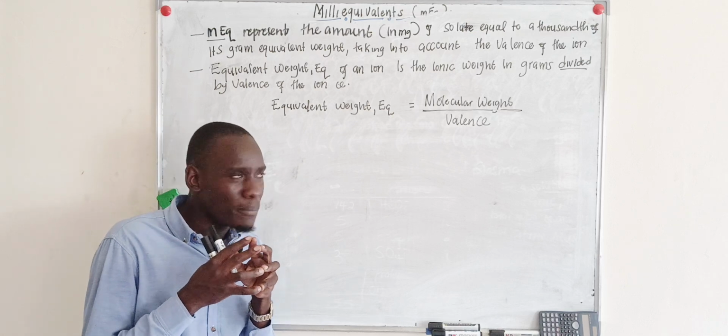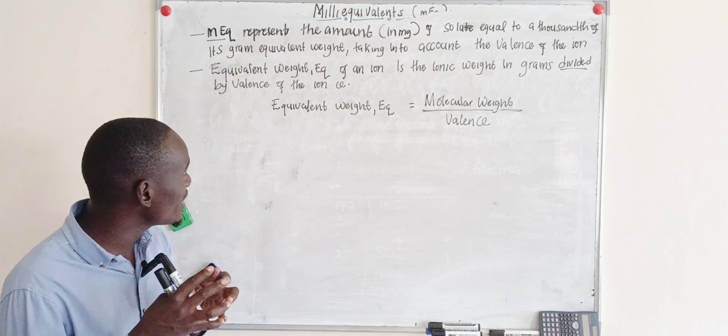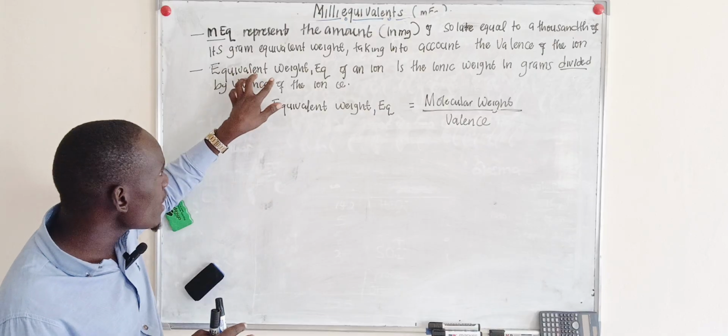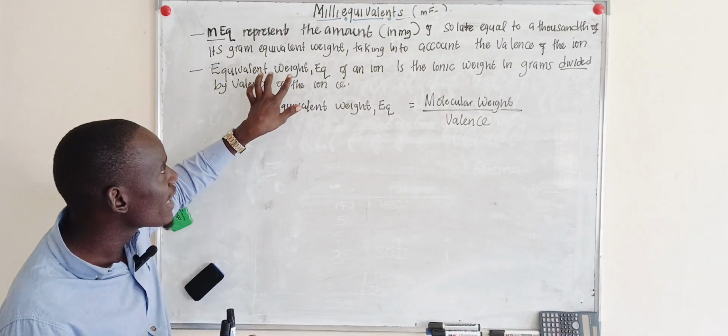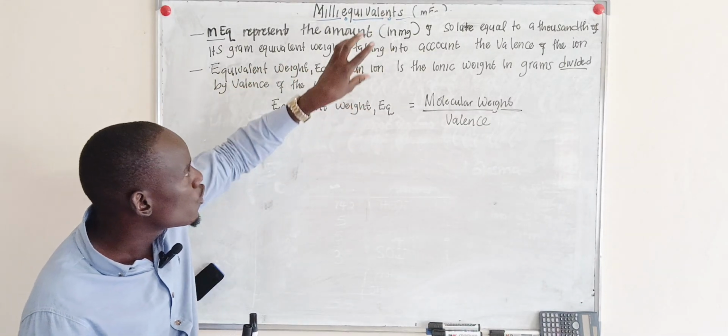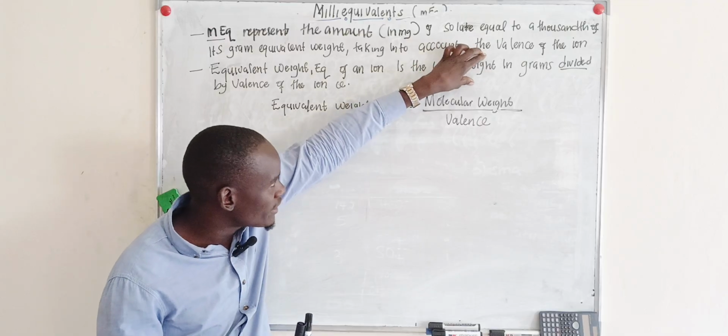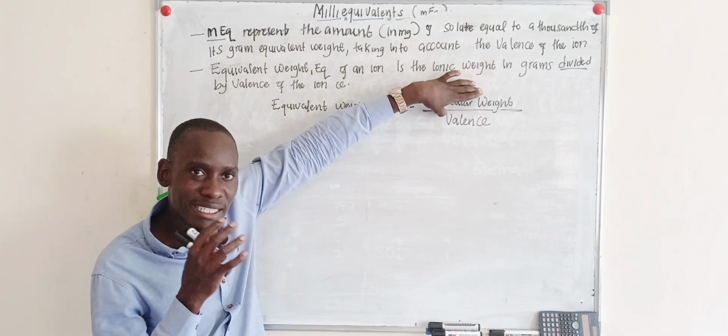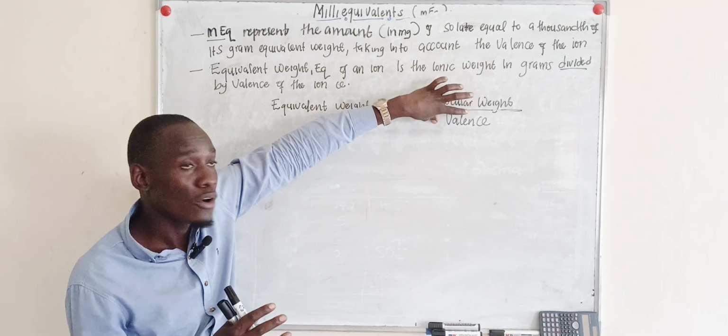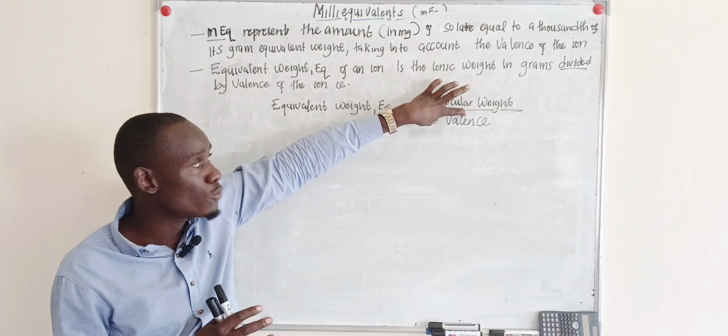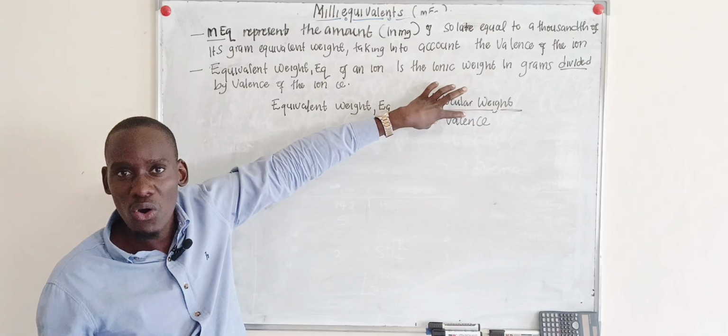But we need to know, what is equivalent weight? Equivalent weight is simply the ratio of ionic weight or molecular weight of a substance to the valence of the substance or ion.